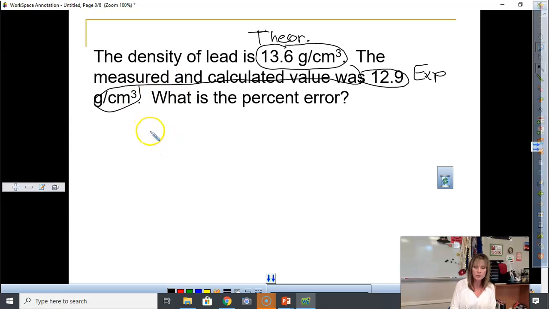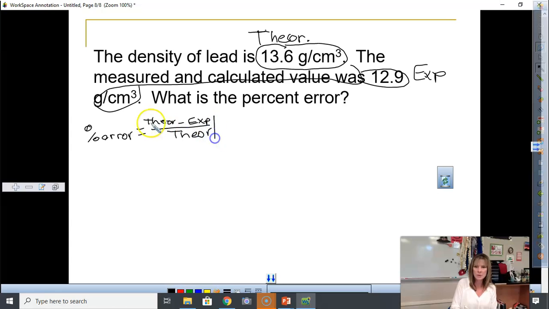Okay, remember the formula is going to be percent error is equal to the theoretical value minus the experimental value divided by theoretical value.